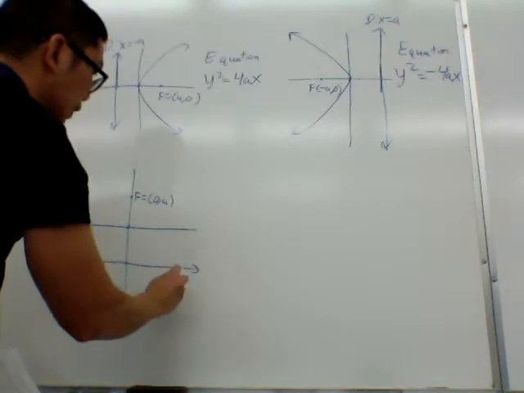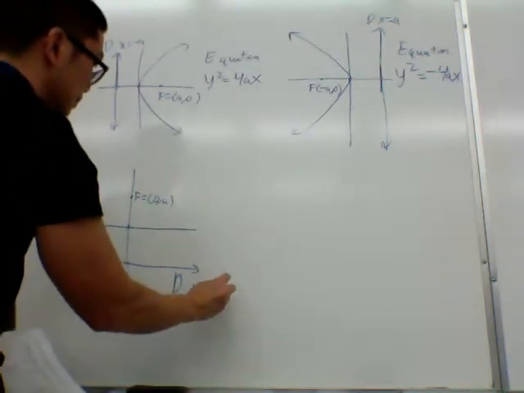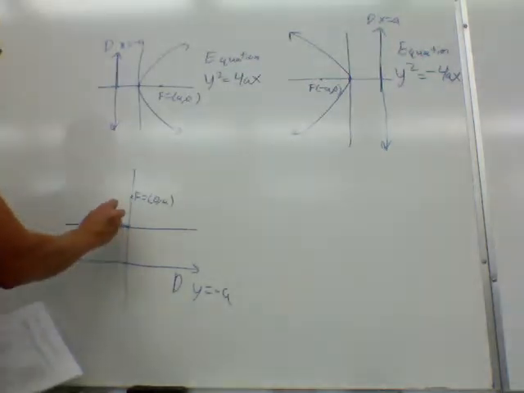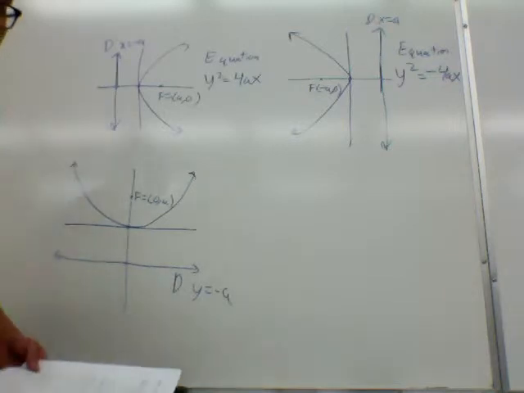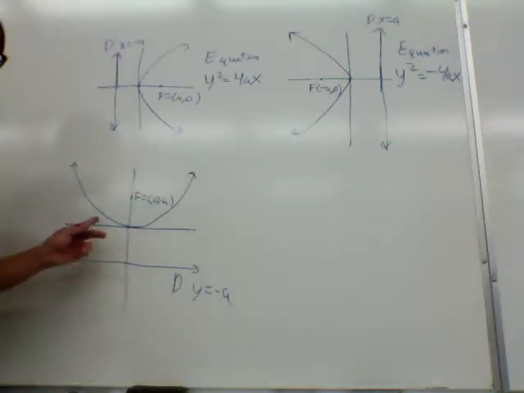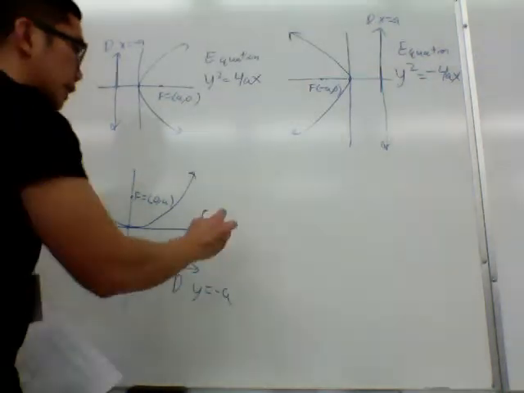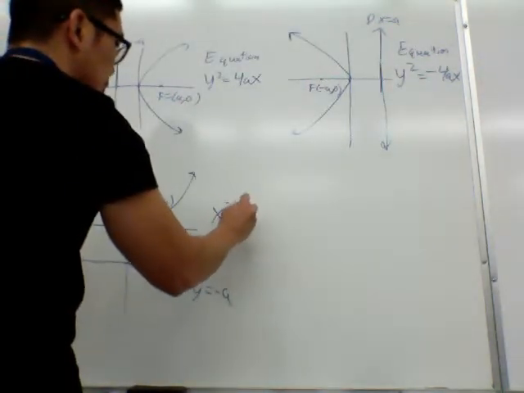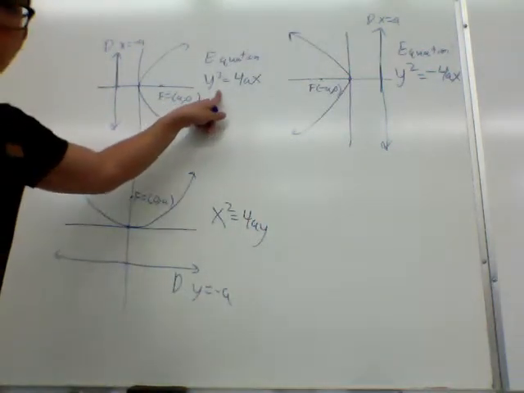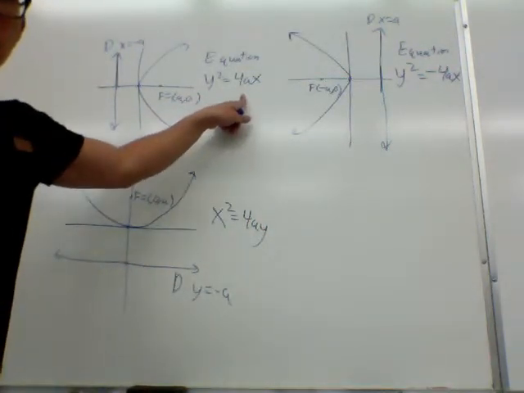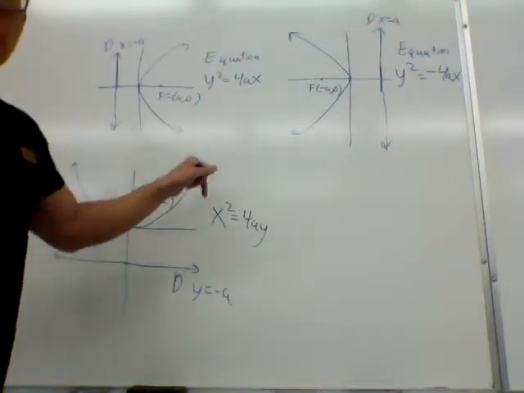So now, the equation for the directrix, instead of x equals, it's y equals. And this parabola opens up. Okay. Now, this looks like a normal parabola that we've done before. And so the equation here is x squared is equal to 4ay. It looks exactly the same as the y squared, except it has x squared.